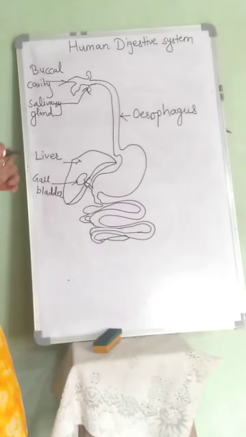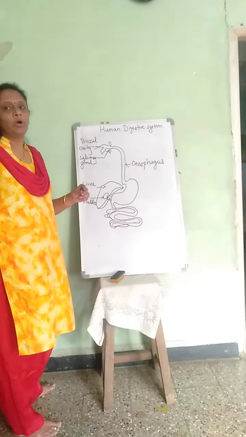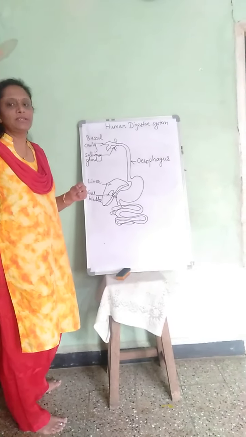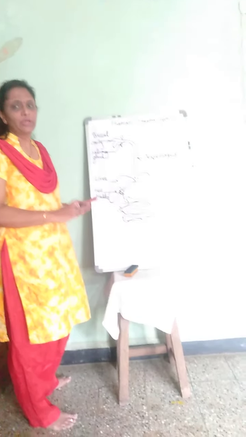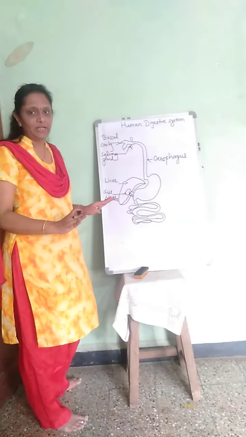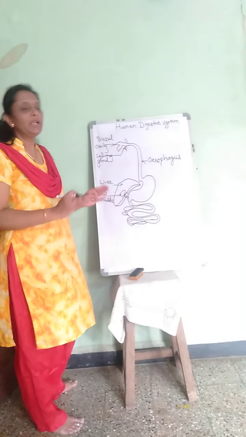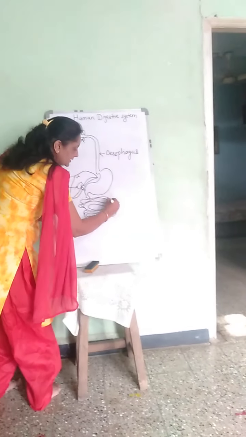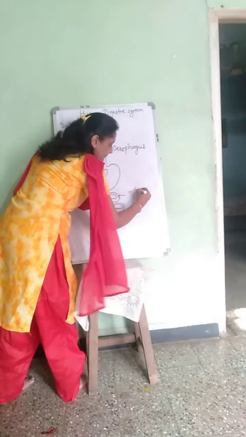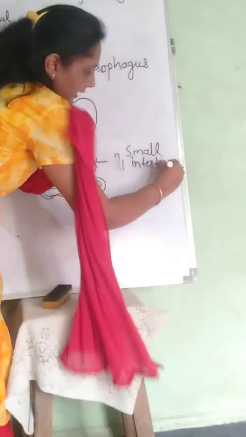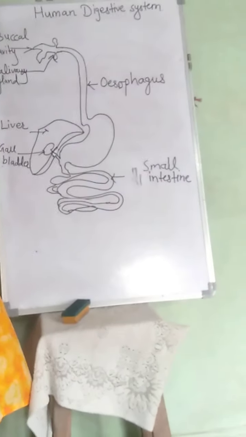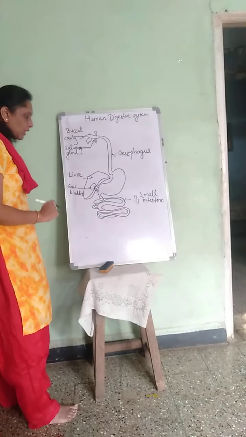If you uncoil it and put it lengthwise, it is nearly 6.5 meters long. So it is quite long, but it is called the small intestine as it is kept in a very small area and it has a very narrow tube.